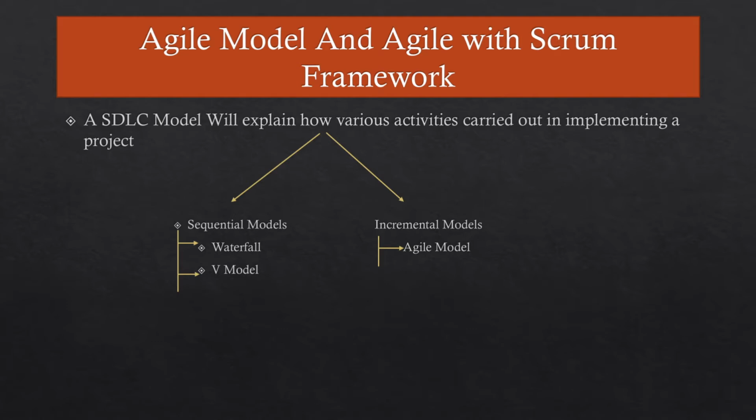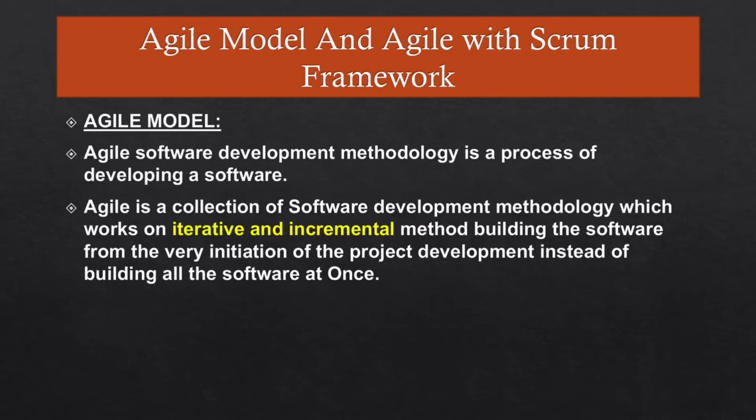First, we will discuss what the Agile model is. Agile software development methodology is a process of developing software. Agile is a collection of software development methodologies which work mainly on an iterative and incremental method.